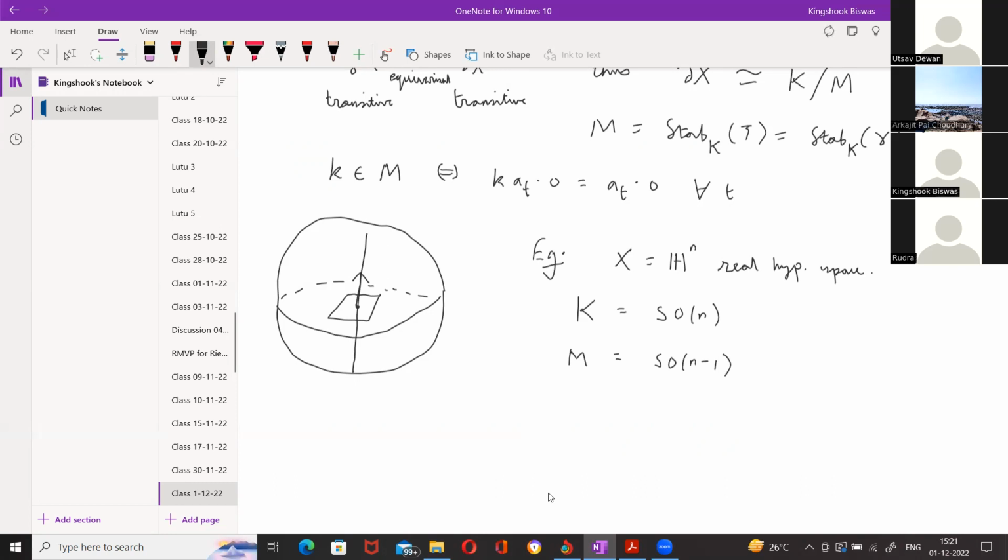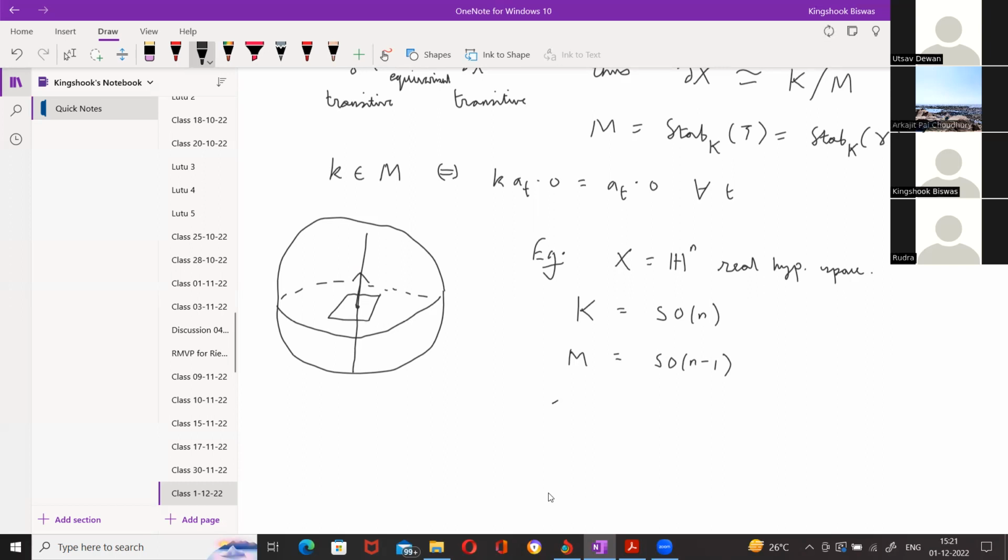So that is the group M. And the boundary is then K modulo M, because the action is transitive and M is the stabilizer of a point in K. So this is how one identifies the boundary with K mod M. Is this okay?